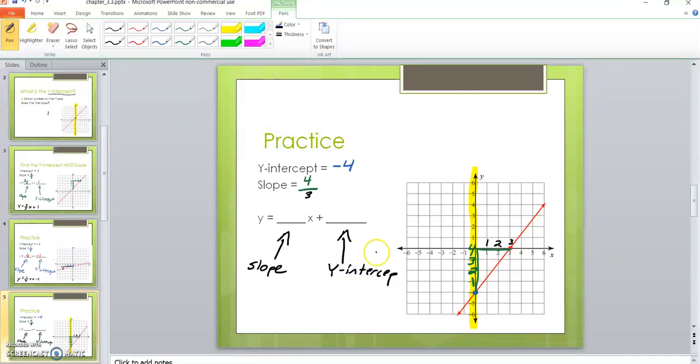Always remember the first one is where your slope goes, 4 over 3, and the second one is where your y-intercept goes, minus 4. So it's going to be y equals 4 over 3 x plus minus 4.